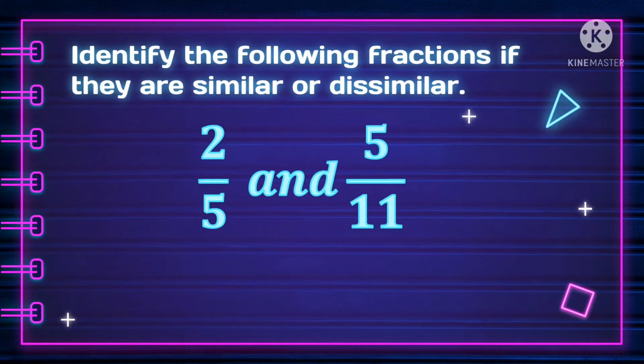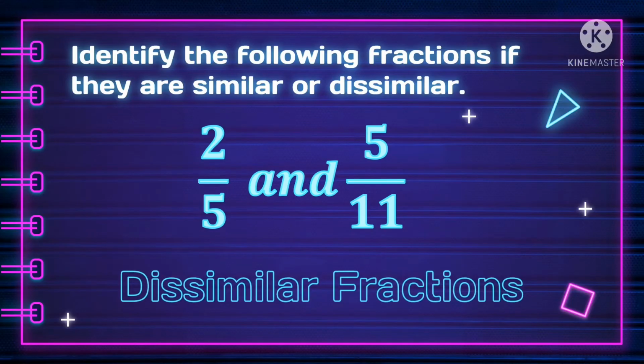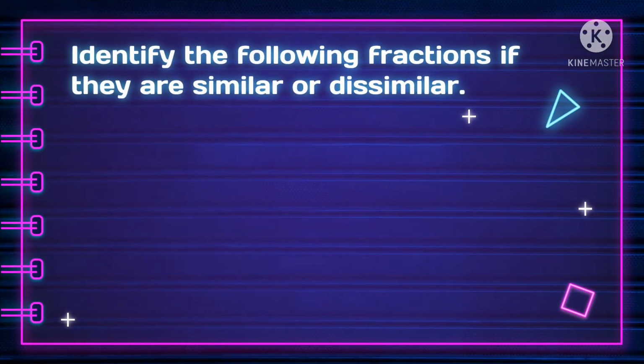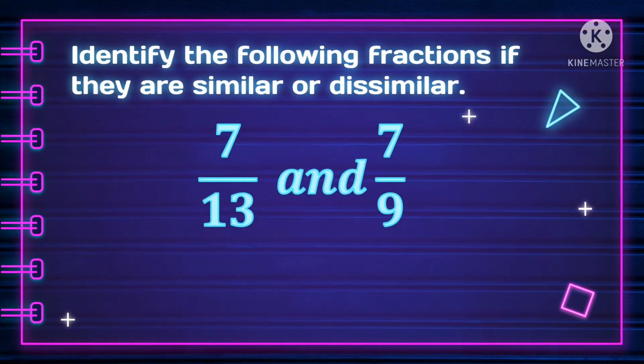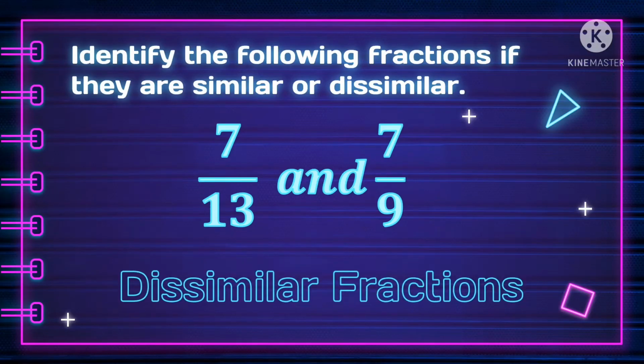So 2/5 and 5/11 are dissimilar fractions because they have different denominators, which are 5 and 11. Another pair is 7/13 and 7/9. So these are dissimilar fractions because their denominators are 13 and 9, which are different.